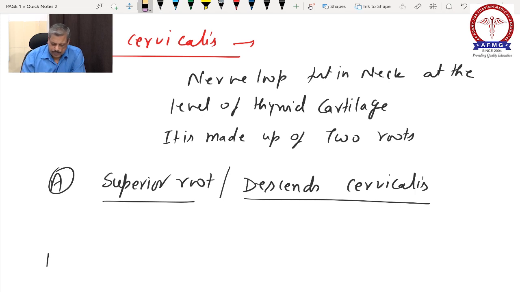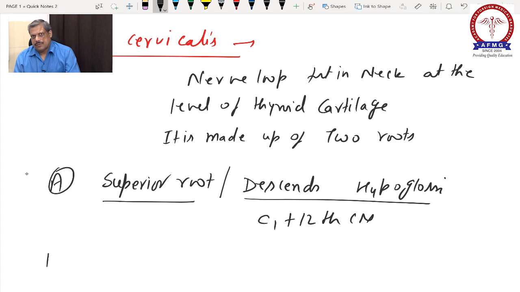I am sorry, the superior root is the descendens hypoglossi. It has the C1 plus the 12th cranial nerve, so it has the fibers of the C1 nerve plus 12th cranial nerve fibers.